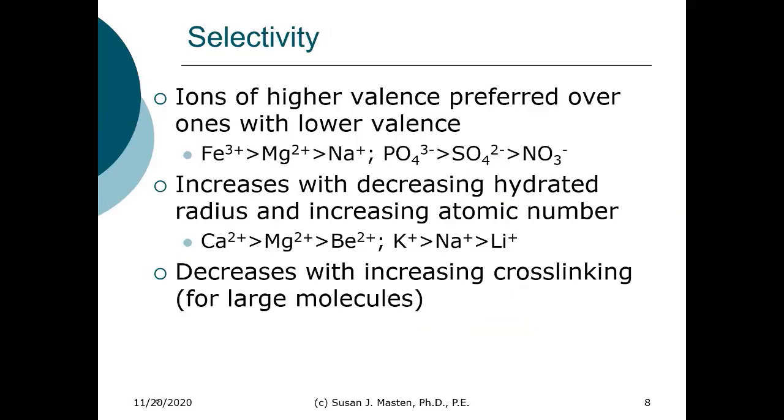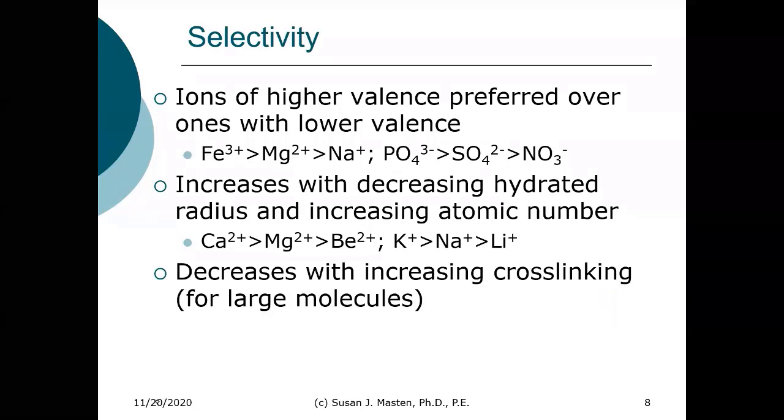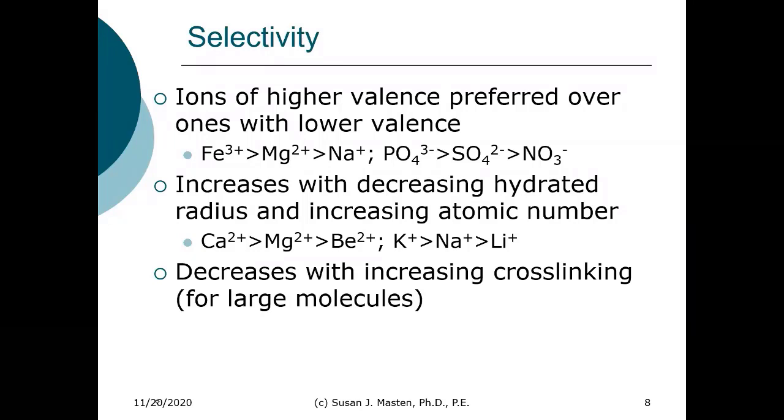Now, resins will prefer one ion over another. And these are typical rules here. What you see is that ions of a higher valence are preferred over those with a lower valence state.